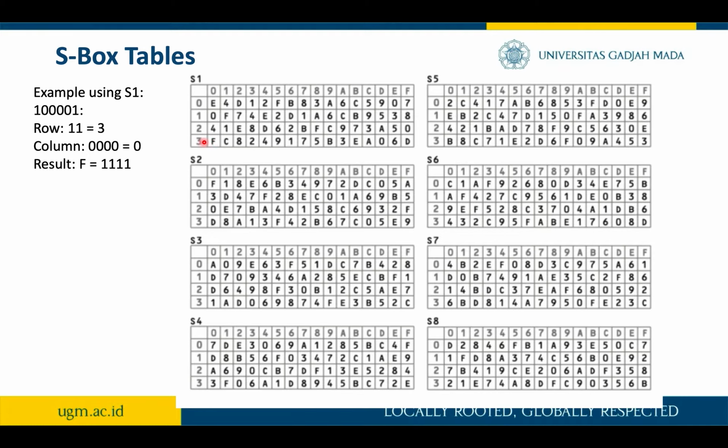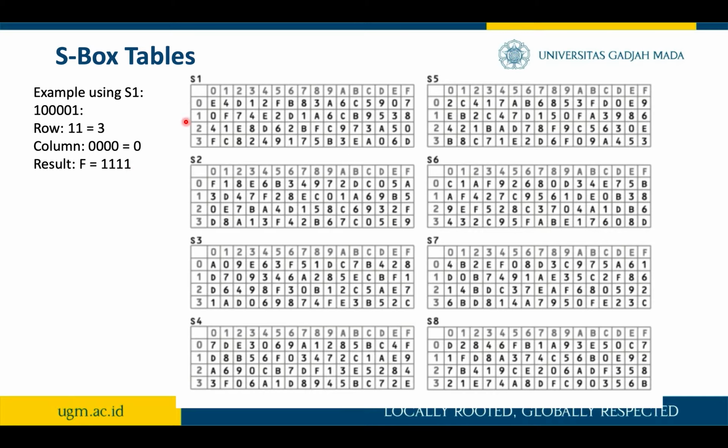Okay. Since the element in the third row and the 0th column is F, the output of this input is F. F is 1, 1, 1, 1. So this one again is a sequence of 4 bits. From 6 bits here, we get an output consisting of 4 bits.